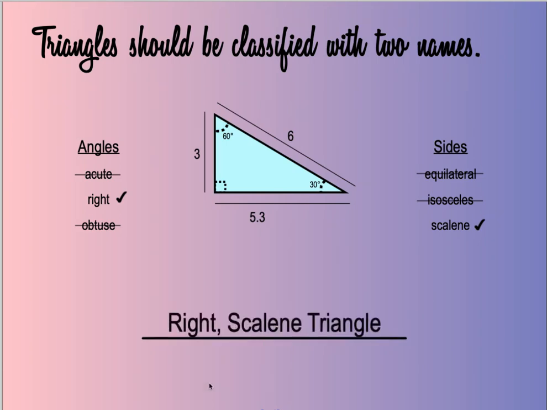So I would name this a right scalene triangle. That's how you come up with 2 names for one triangle. Figure out the angles, figure out the sides. It doesn't really matter which order you go in. Some people prefer the angle first, but you could be correct either way.